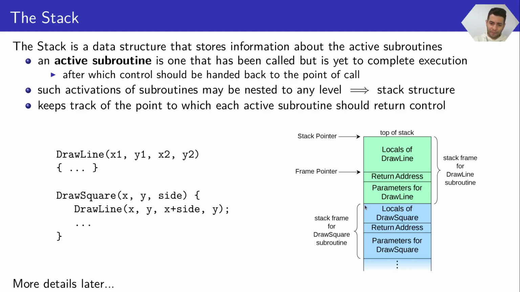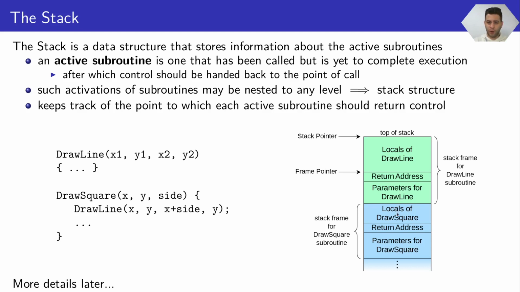At this point, this is the stack frame of the draw square subroutine, but given that we called the draw line function, we pushed all the parameters and the return address on the stack, so the stack frame of draw square stays under the stack frame of draw line.